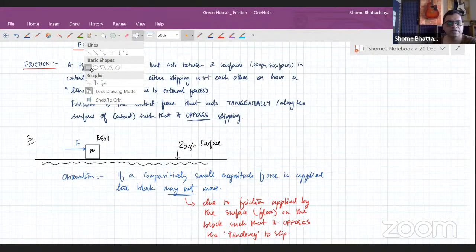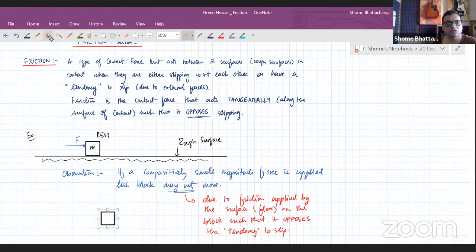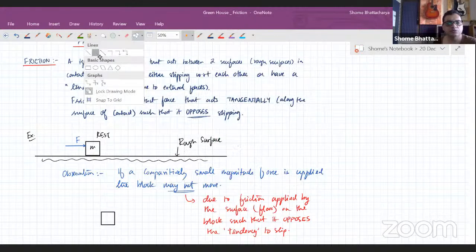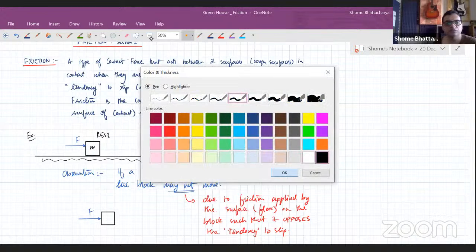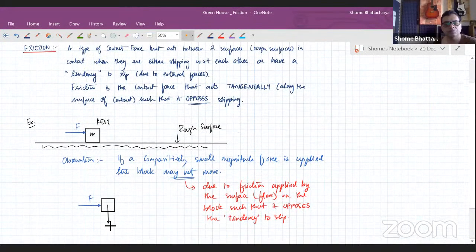When we think of the free body diagram, we'll understand the forces. Obviously there's the external force F we are trying to push the block with. And obviously there are the standard forces: the gravitational force or weight of the block, and the normal reaction that the ground is applying.